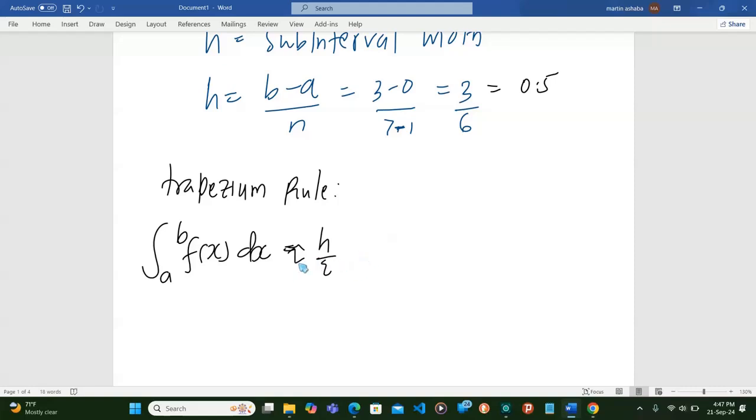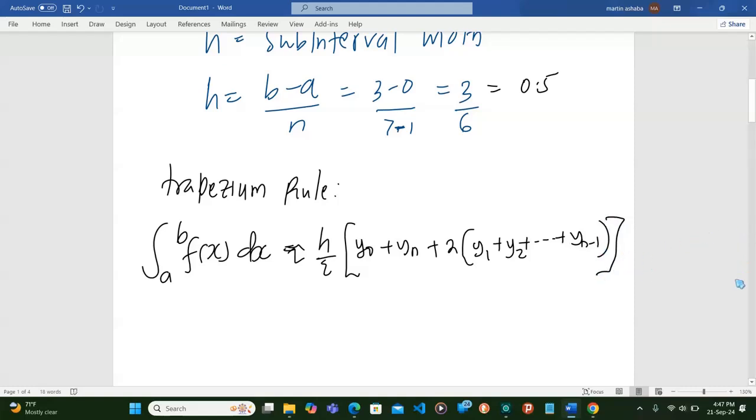So never use equal signs, but use approximately equal signs. Into y0 plus yn plus 2 into y1 plus y2 plus up to yn minus 1. And you close the bigger brackets.